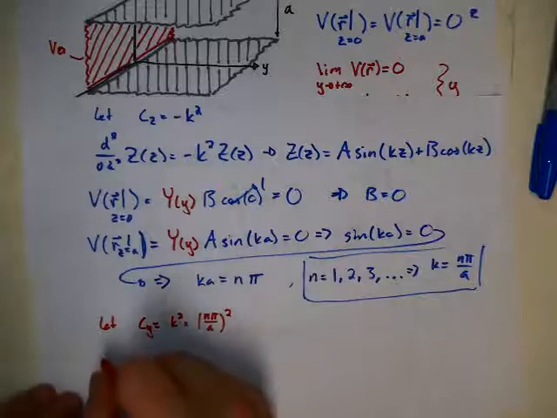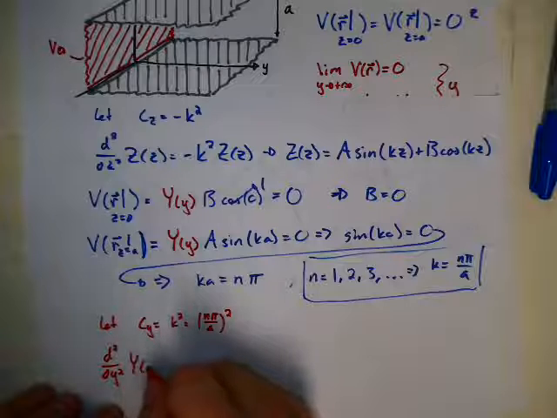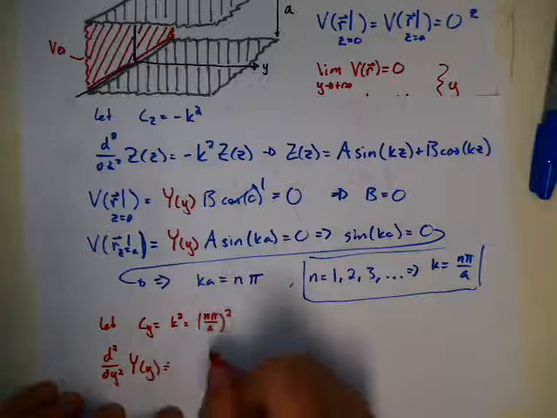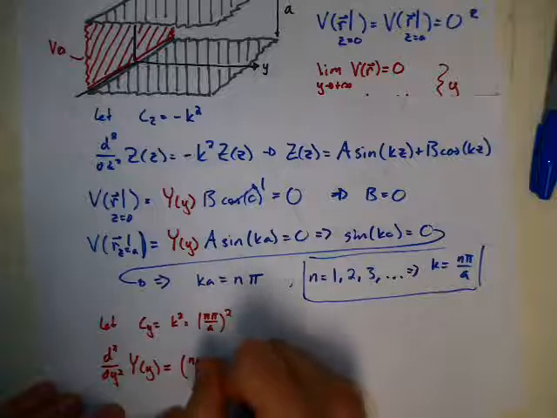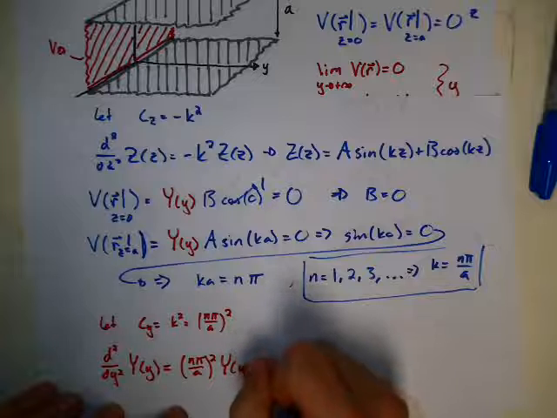So the differential equation is partial squared over partial y squared. Truly, I guess it is partials, but it doesn't matter at this point because we've changed to functions of a single variable. Now we're going to have a positive number here, so this is n pi over a squared capital Y of y.